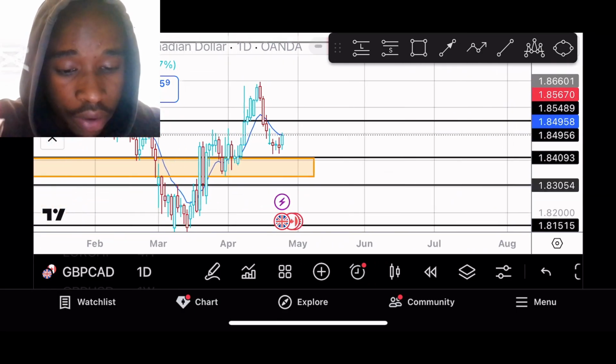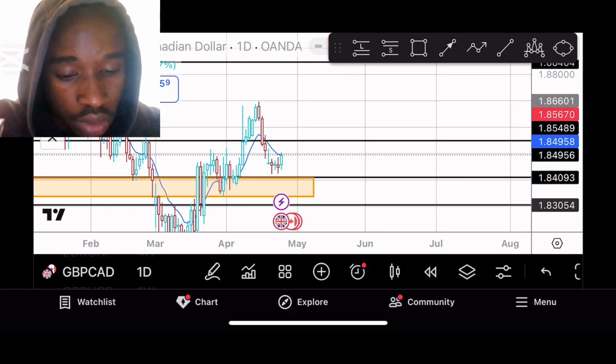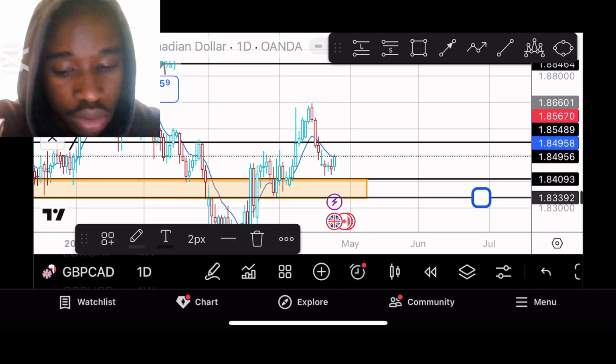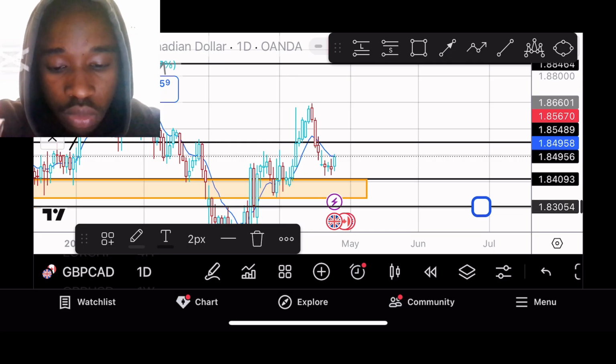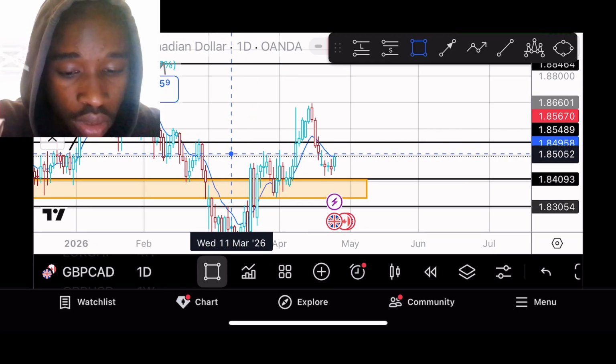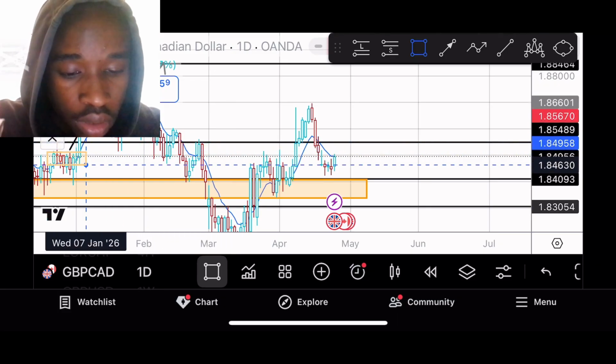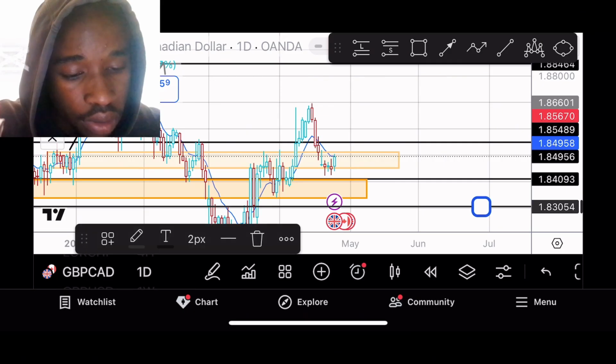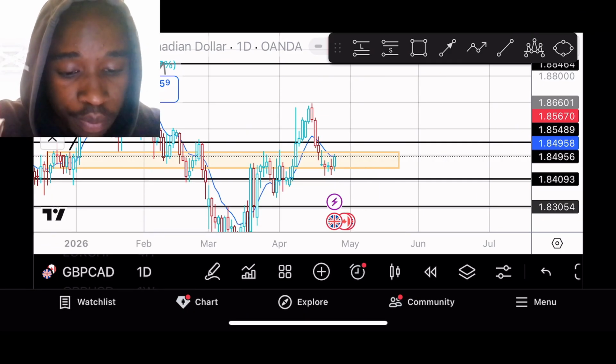Currently looking like it wants to have a change of structure. So I would move my little area of interest to, anyway, let's just make a new one. It's refused. I would put this one there. Can I move you? Okay, thank you.